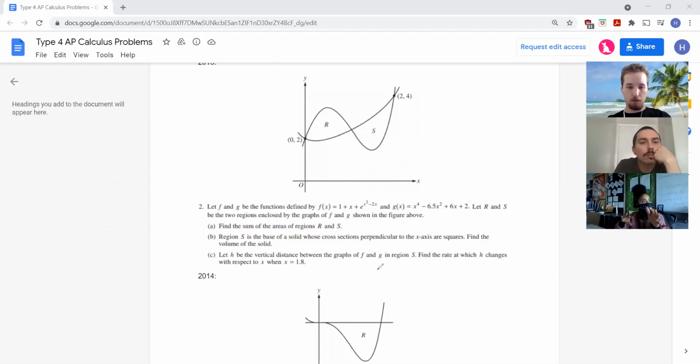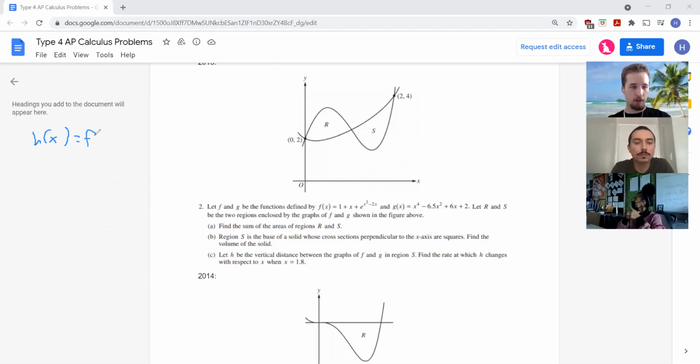Okay, we're going to do, for C, we got H. Let H be the vertical distance between graph f and G in region S. Okay, well, that's simple. If H of X is the vertical difference between F and G in region S, well, okay.